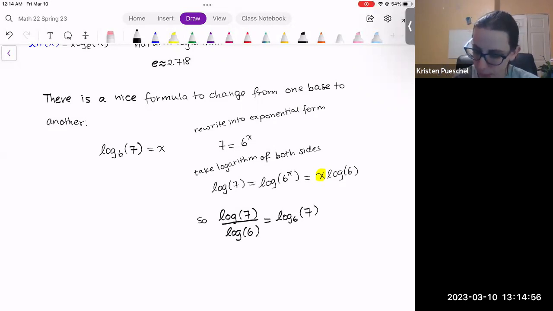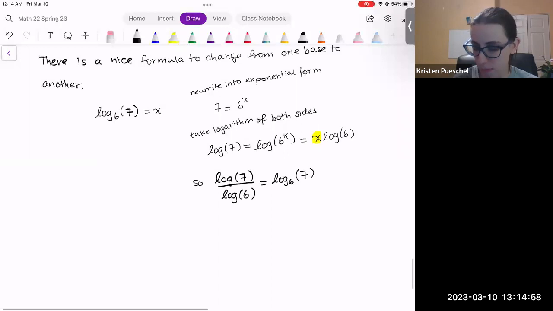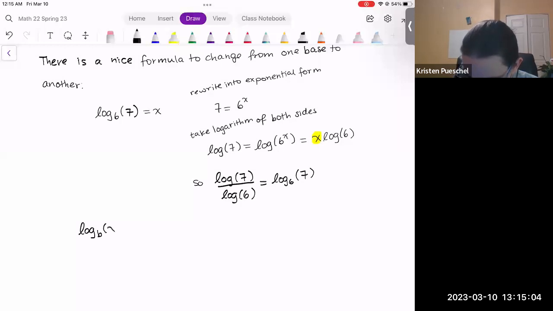All right. And in fact, this works out in general. If you have the log base b of x, it's equal to the log base a of x over the log base a of b for your favorite a.